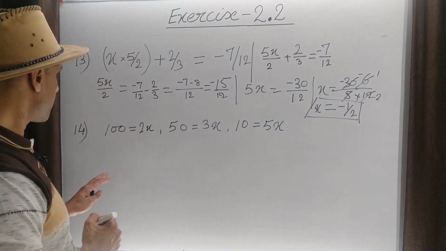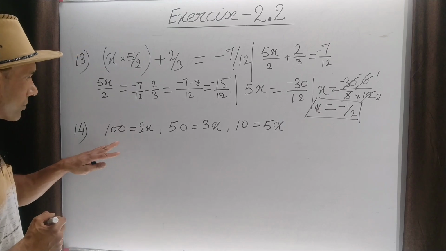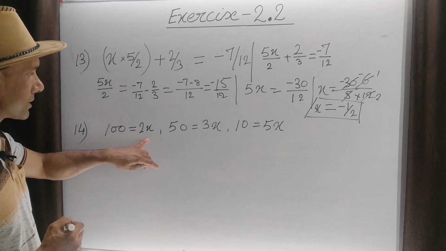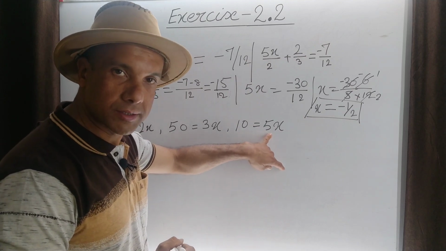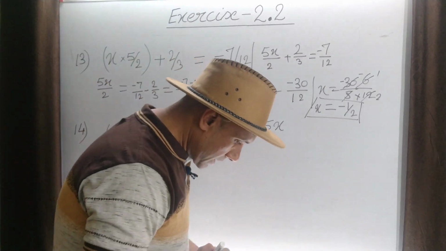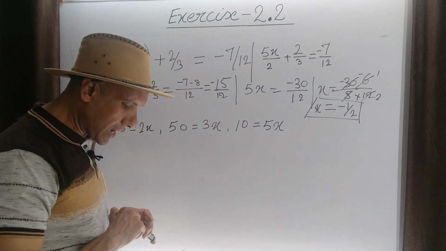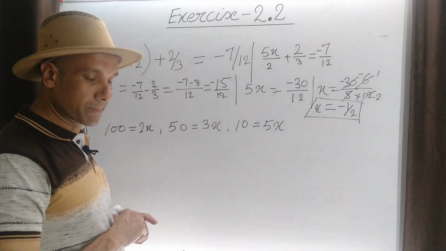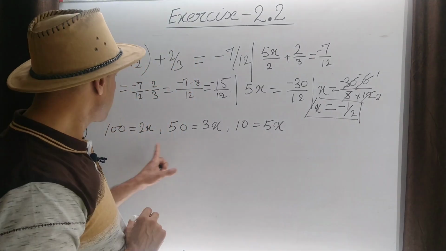Okay, so let the common factor be x. So the number of notes of 100 will be 2x, 50 will be 3x and 10 will be 5x. Understood? Now another parameter which is given is that the total cash Lakshmi is having is 4 lakh rupees. Okay, so how many notes of each denomination does Lakshmi have?